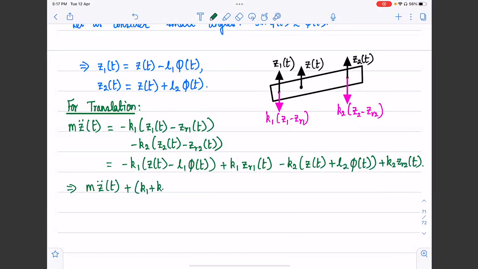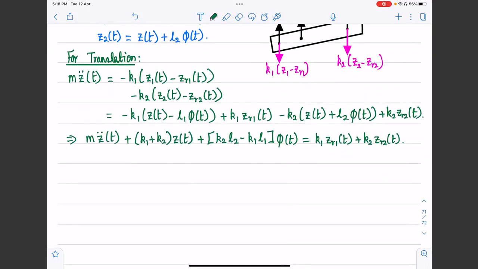So we'll get m z double dot plus (k1 plus k2) z(t), and then plus (k2 L2 minus k1 L1) phi of t, that's going to be equal to k1 zr1(t) plus k2 zr2(t).